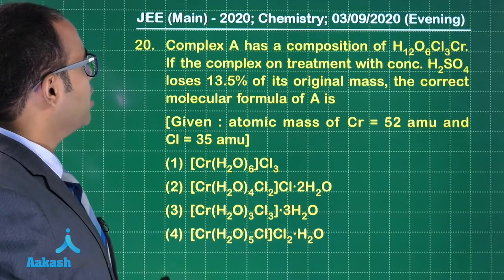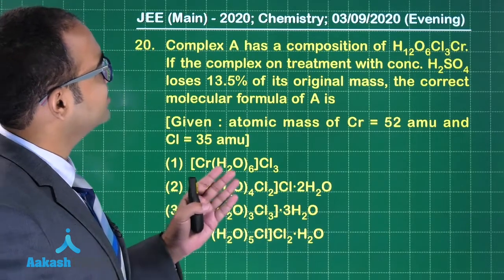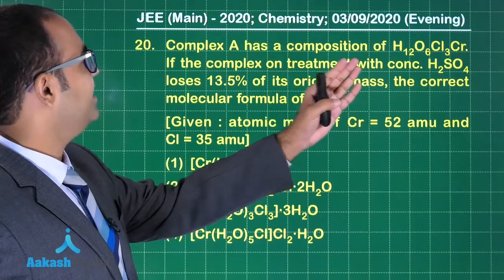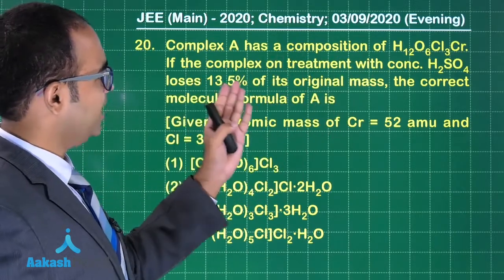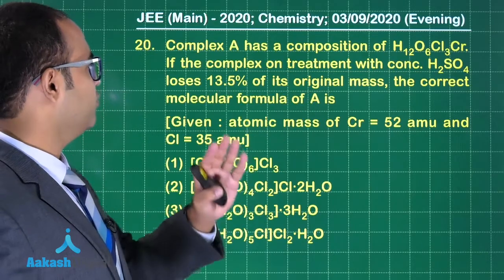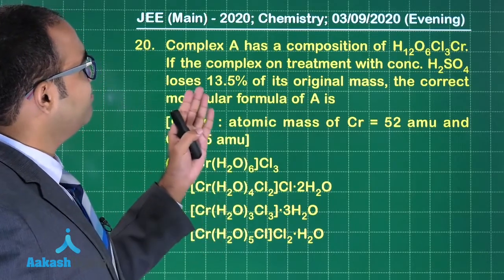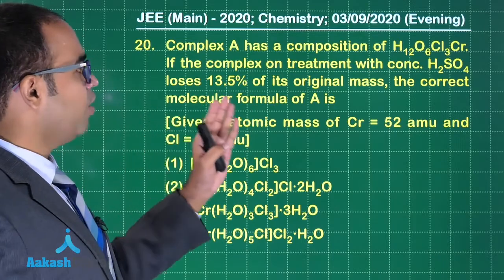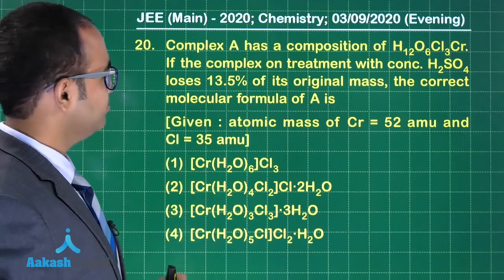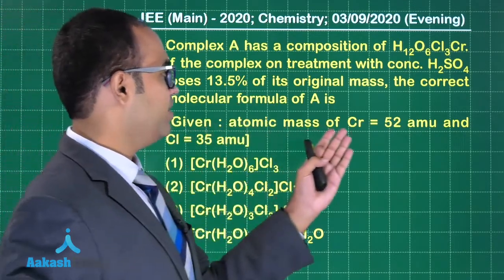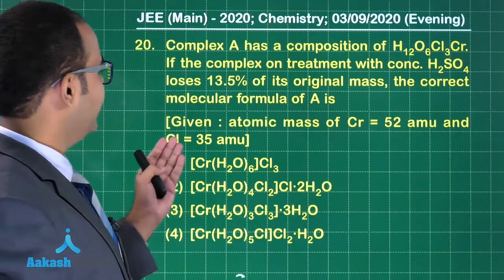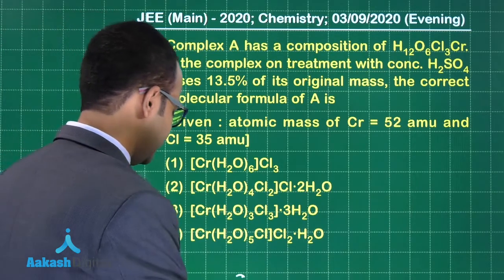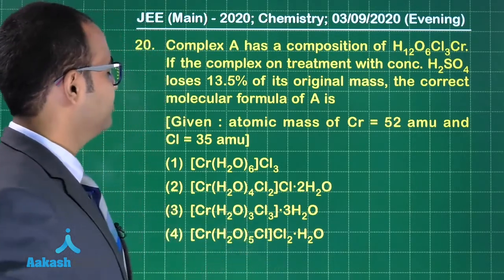So a complex A has composition of H12O6Cl3Cr. If the complex on treatment with conc. H2SO4 loses 13.5% of its original mass, the correct molecular formula of A is: atomic mass of chromium is 52 and chlorine is 35 AMU. So these are our options, guys.